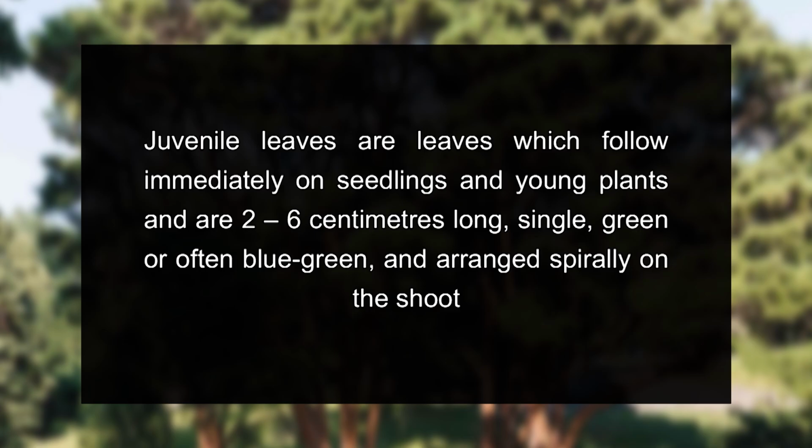Juvenile leaves are leaves which follow immediately on seedlings and young plants and are 2 to 6 centimeters long, single, green or often blue-green and arranged spirally on the shoot. These are produced for 6 months to 5 years, rarely longer than this.